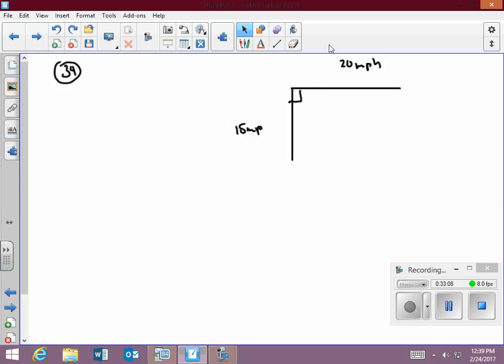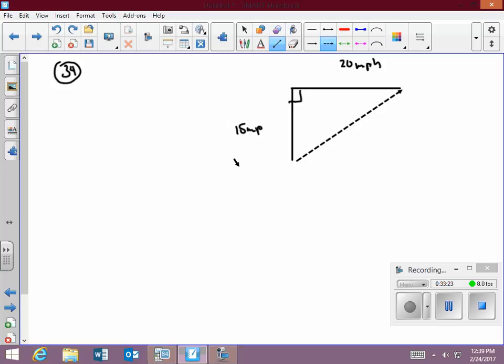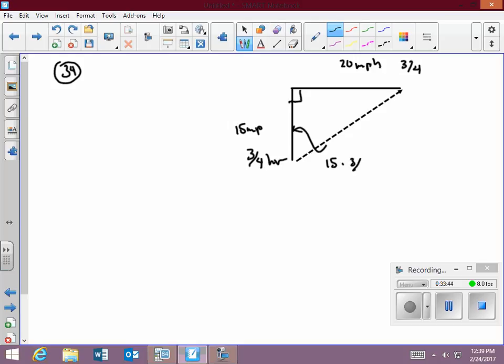They want to know that distance. And they say they go 45 minutes, so 3/4 of an hour. So the distance here is going to be 15 times 3/4, right?